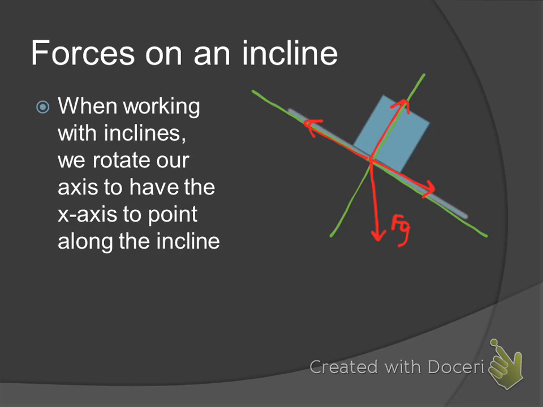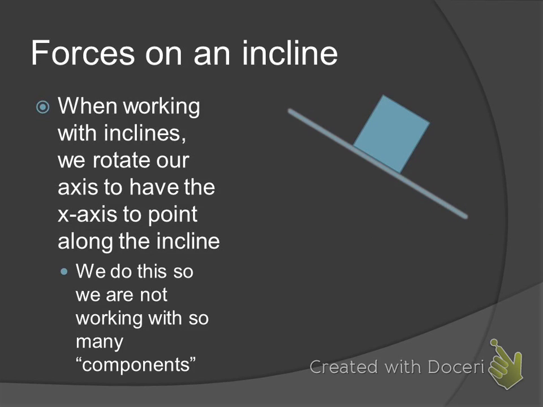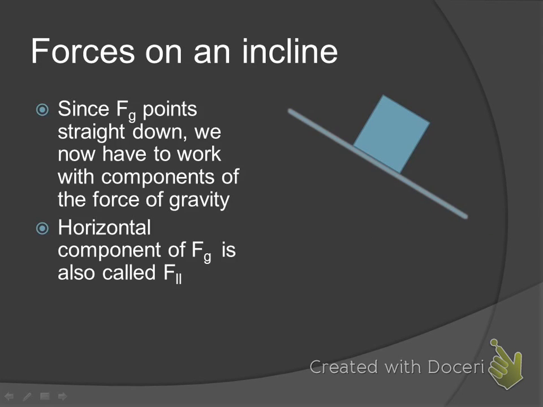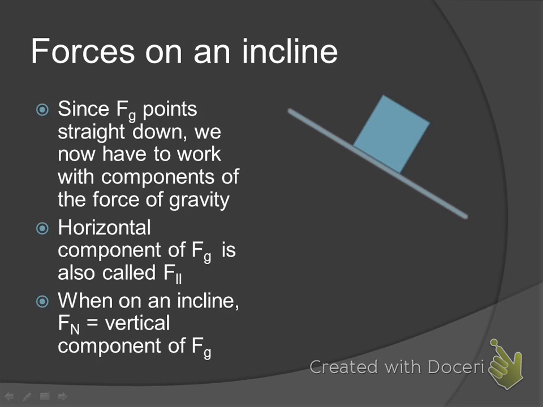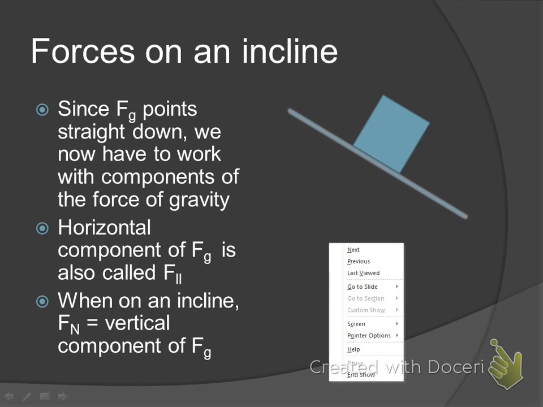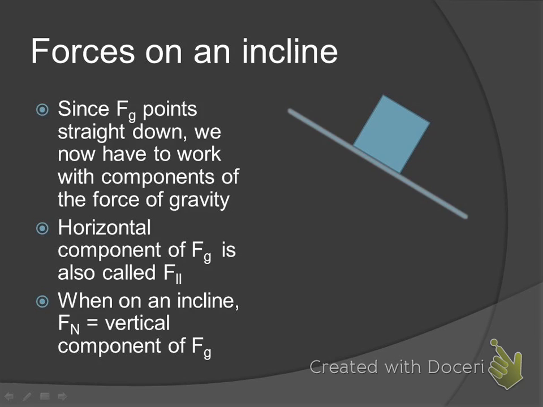Okay, so we have to break down that gravitational force into its x and its y components, right? Because we don't deal with things at angles. So when we break that down, it's going to look like this. Okay, let me put that back up here. Oops. Horizontal component is going to be called the parallel component.